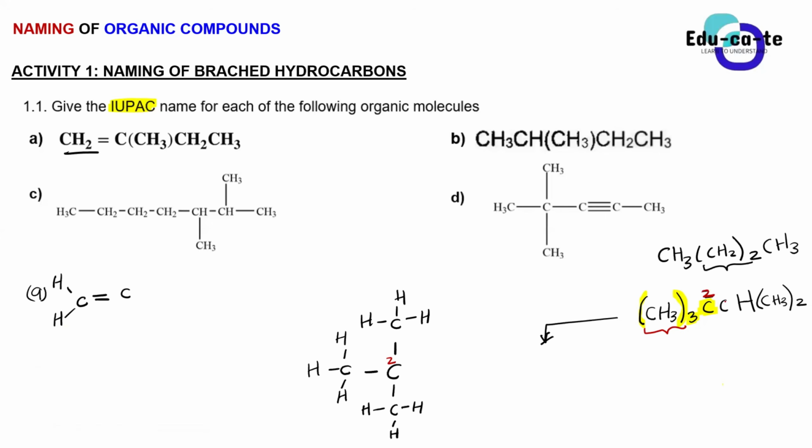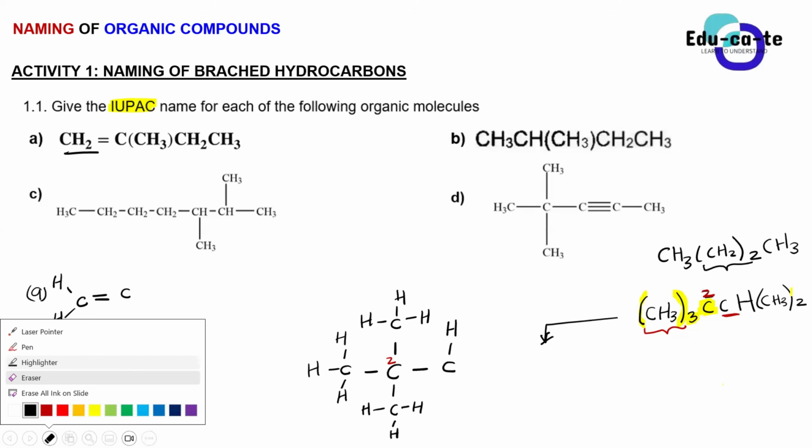Okay, and then when you proceed, you will bond it to this next carbon, which is C. And this next carbon has a bond to H, so this is C and then H. And after this H, you can see, guys, that this is CH3 subscript 2, so it means we're having two methyl groups. These two methyl groups, to which carbon are they connected?